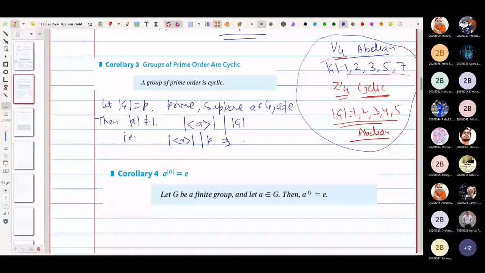The order of A should be P, because the positive divisors of P are 1 and P itself, since P is a prime, and this prime P is nothing but the order of G. Therefore, if a group has prime order, then it is cyclic, and this element A is going to be a generator of that group.